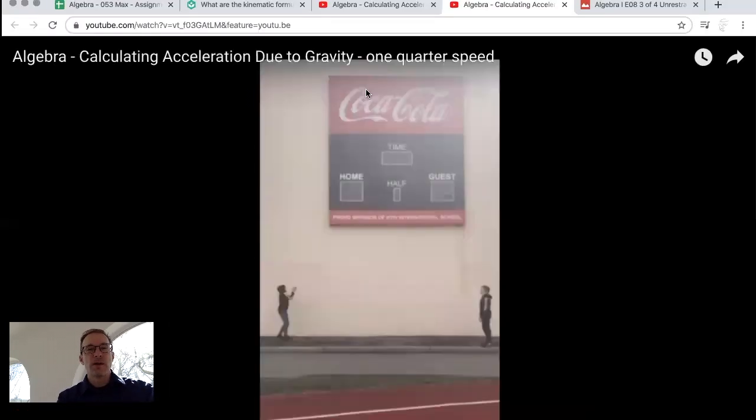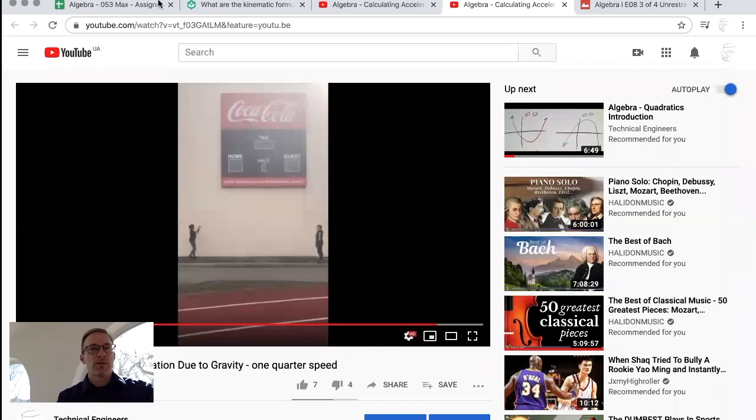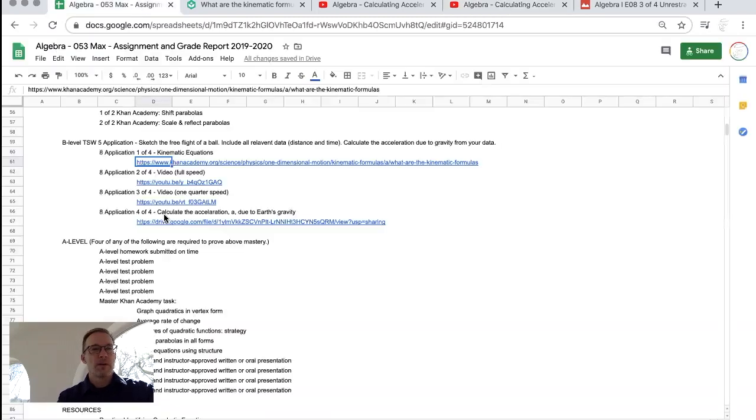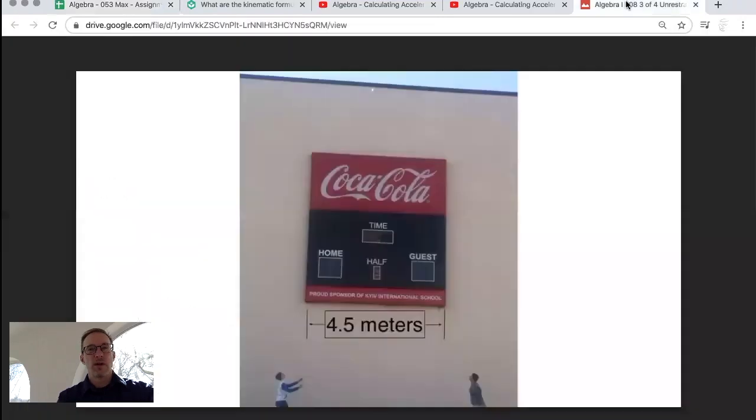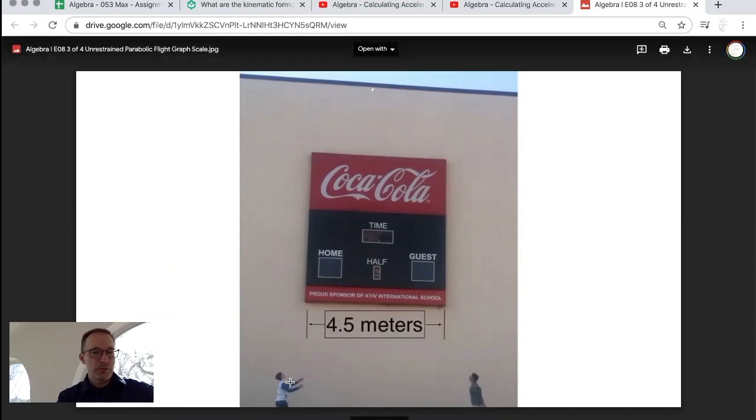Last thing you need is that distance, right? So on here, you also have one last link. It's to a picture that says it's 4.5 meters across on the sign. So if it's 4.5 meters across here, and the pictures of the students is not skewed wide or tall, then we can assume that the same distance is covered from here to here, same scale.